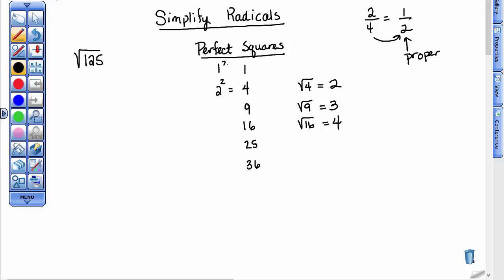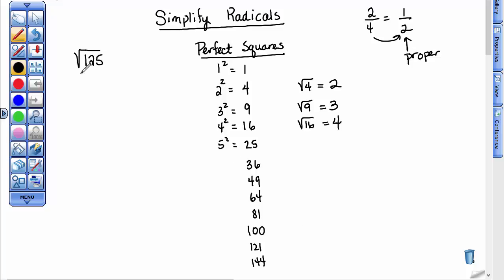Even 1. 1 squared is 1. 3 squared is 9. 4 squared is 16. 5 squared is 25. And so you need to become familiar with this list of perfect squares pretty well, up through at least 100. 121 would be the next. 144, 12 squared is 144. So be familiar with those.